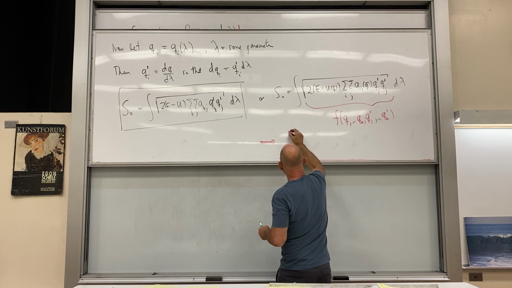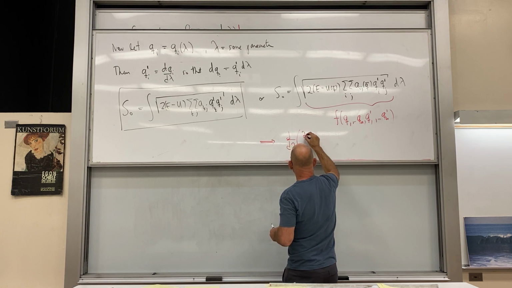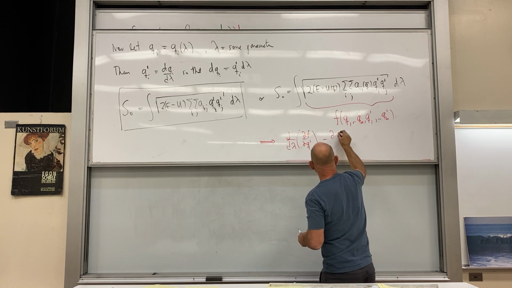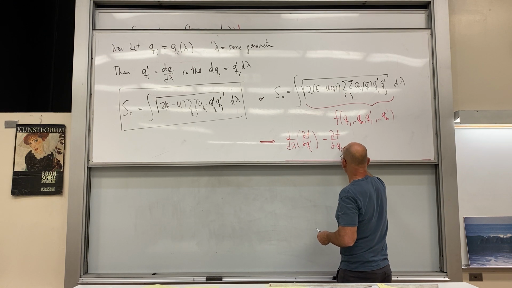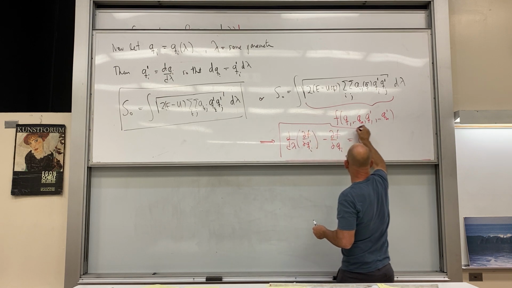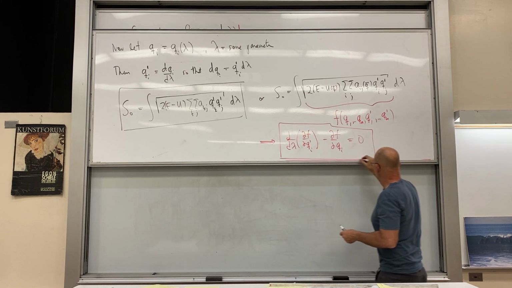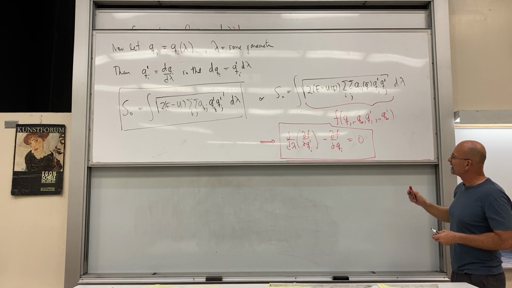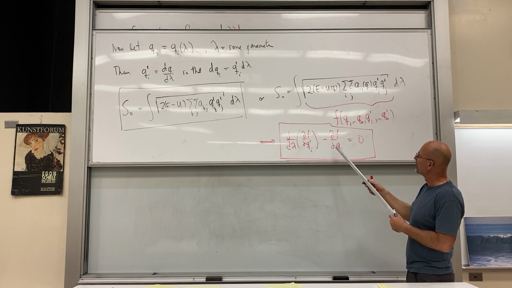So we have d d lambda, that's our parameter, of partial f with respect to q_i prime, minus partial f partial q_i, is equal to 0. See, it's back to the variational calculus. Can't overstate how important the variational calculus is for this subject. So that's the idea. The q's are now functions of the parameter lambda.